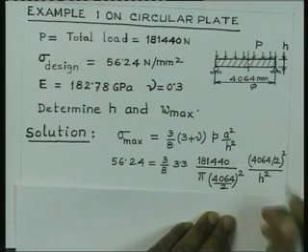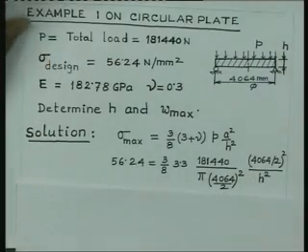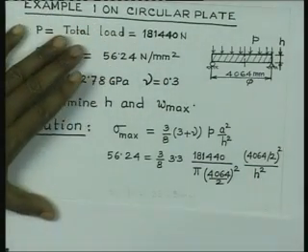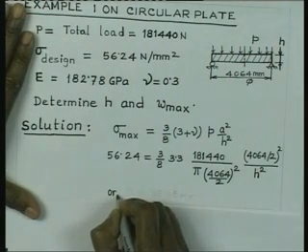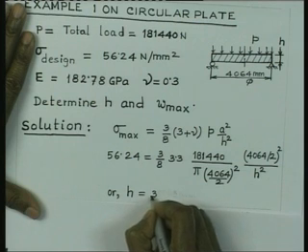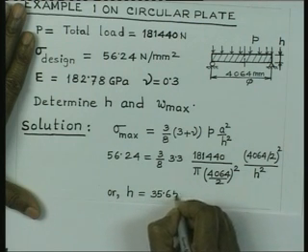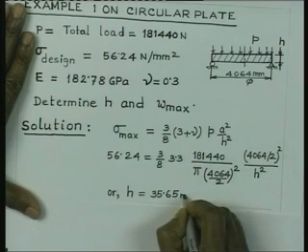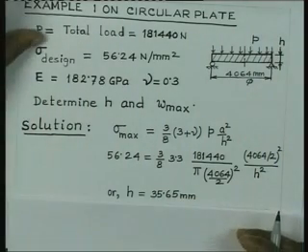That is simple substitution, and here this cancels with this one, and therefore, the calculations become simple. If you now calculate, the thickness comes out to be 35.65 millimeter. So, the thickness of the plate has got to be this much.